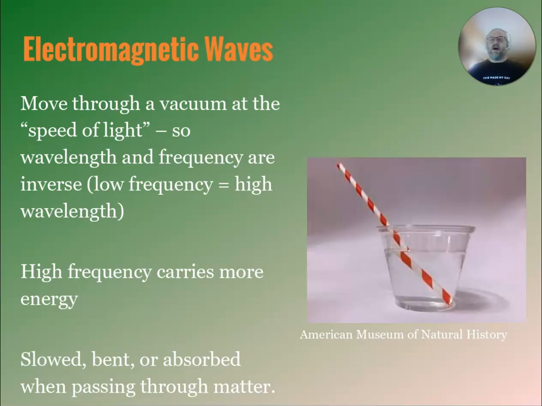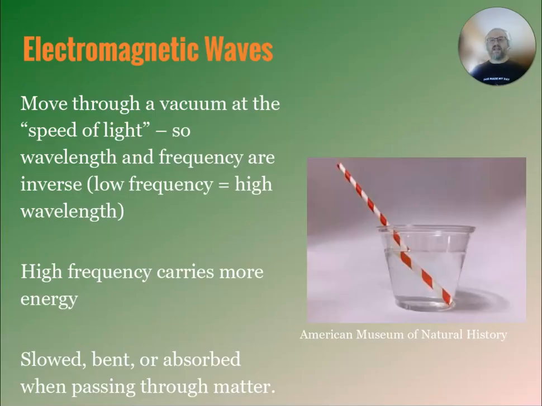And since we have that constant speed, it's the same speed for all these types of radiation, that means our wavelength and frequency are going to be the inverse of each other. So as long as the speed is held constant, then a lower frequency means a higher wavelength. If fewer waves go by in a given amount of time, that means those waves must be very long. So you've got a long wavelength.